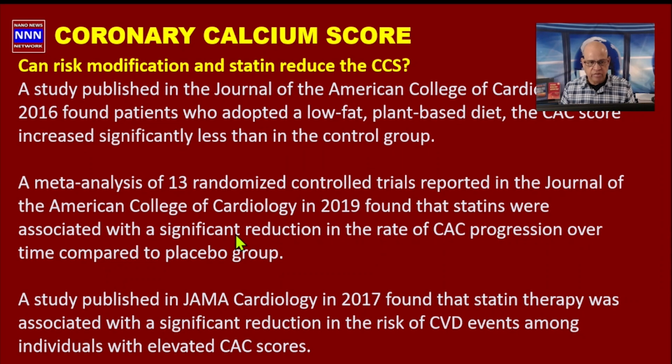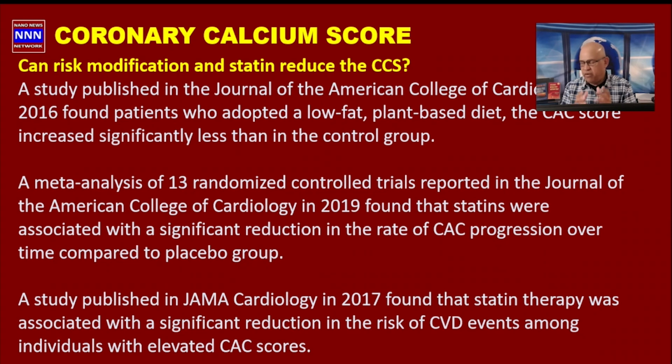I pose the question, can risk modification and statin treatment reduce the calcium score that is already there, that was detected by the CT scan? And multiple studies have shown that risk factor modification and statin therapy decreases the rate at which the progression of calcium score happens in patients treated versus those who are not following the medical advice.